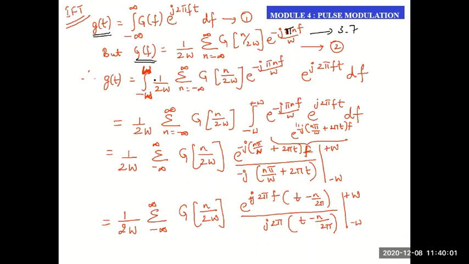That's what I asked you to do. Substitute this g of f in expression 1. All we are doing is using equation 2 in equation 1. We get a sinc function. If somebody has derived it and got it, it's good.